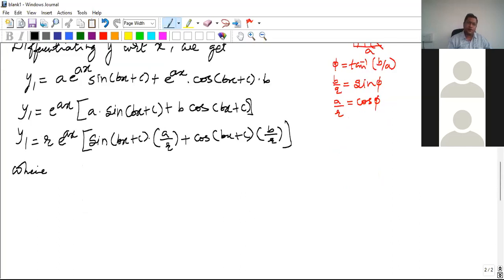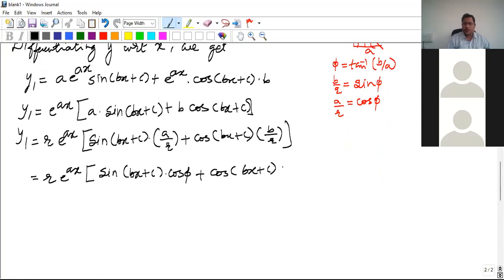So this is equal to r e raised to ax into sine of bx plus c, and this term is cos phi, plus cos of bx plus c, and this term is sine phi.